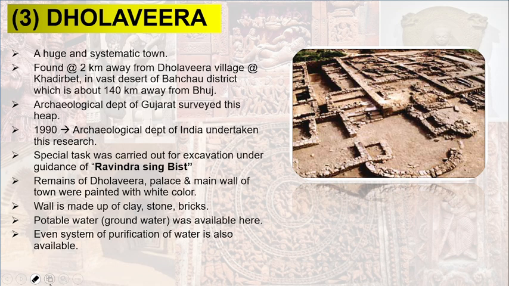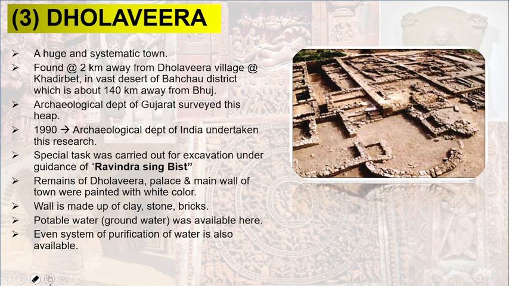What we found from Dholavira is that the palaces and the main wall of the town were painted with white color, as we can see here in the walls of the houses, the palace and the town.